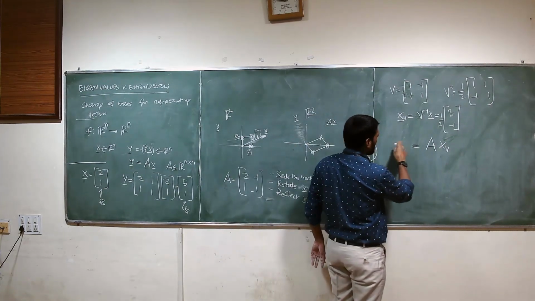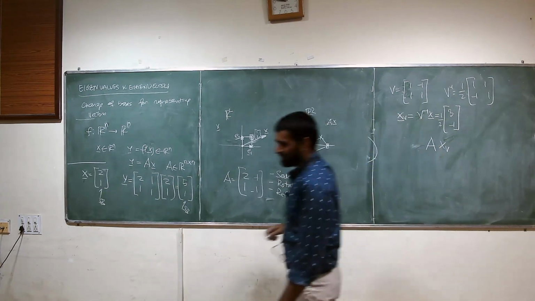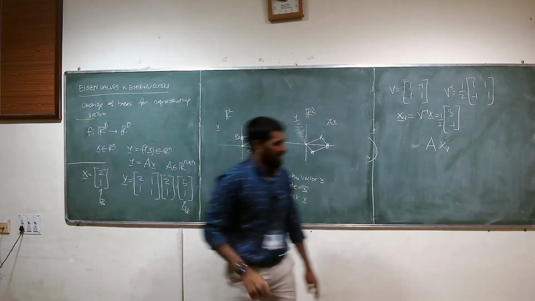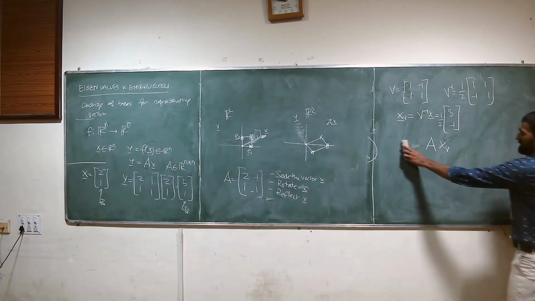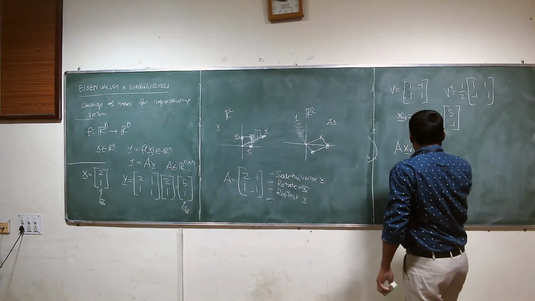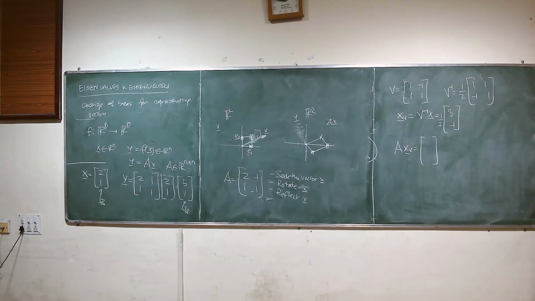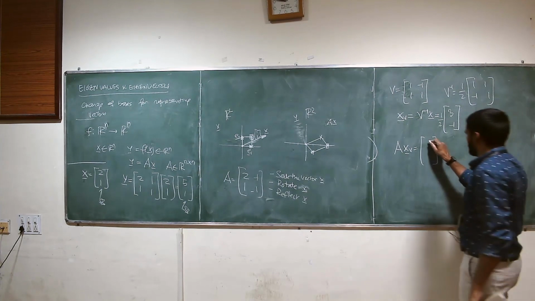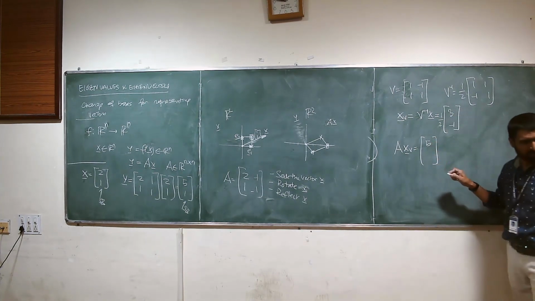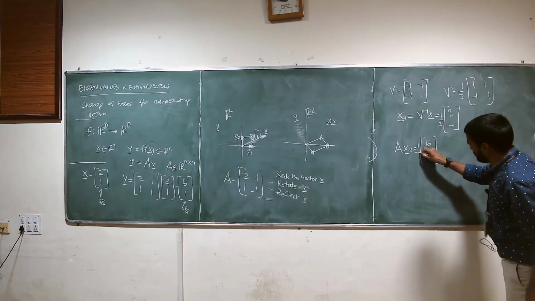Can you tell me the number or tell me the vector? 1 by 2.